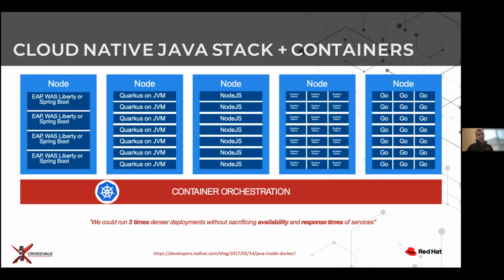So when we are saying how a customer will gain all these benefits, at the end, when you have a Kubernetes cluster and you have all your nodes, Quarkus will run inside of a node as a container, and the density that you can get is a lot higher than with Java, just because of the size of it.